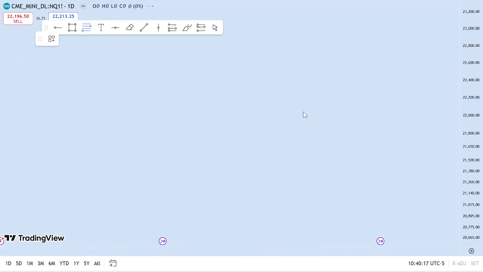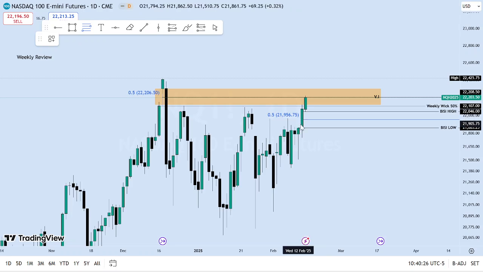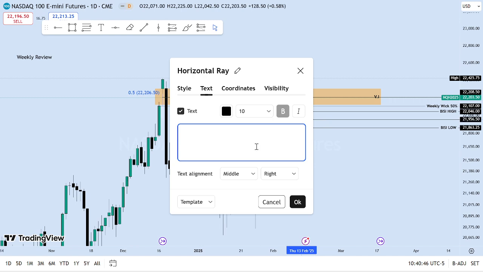Anchor from the high to the low. Get the first one there, that's the consequent encroachment. That's how you get your consequent encroachment using Fibonacci. Consequent encroachment, that's 50%.